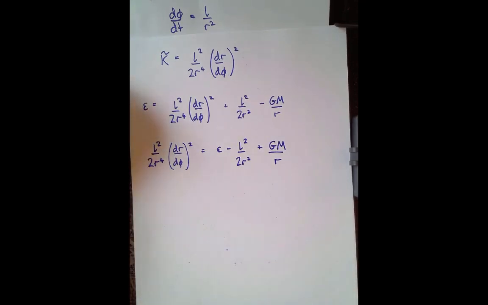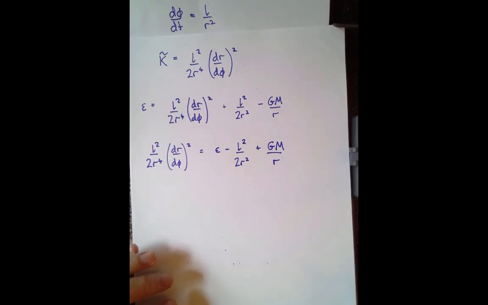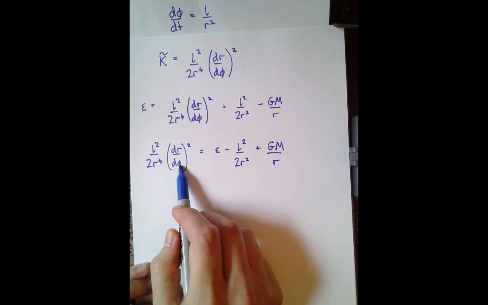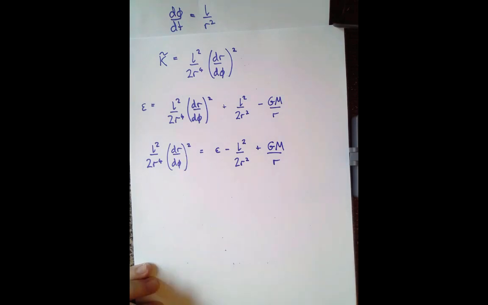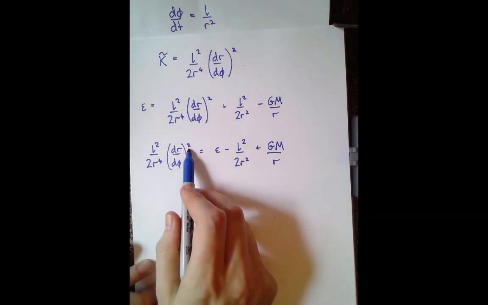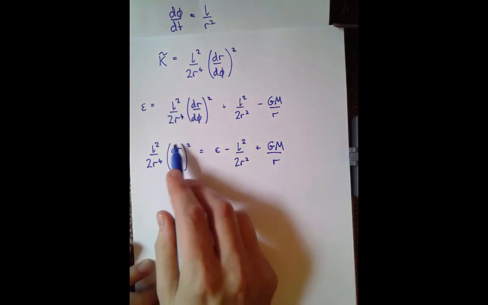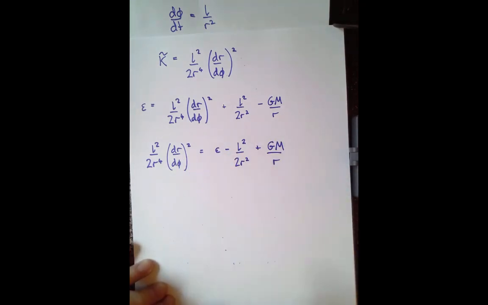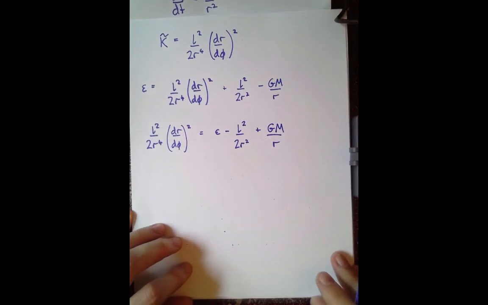Now, we can define at this point a variable that's going to make our lives a little easier. This is a differential equation for r as a function of phi. It is difficult to solve because it is a non-linear differential equation, since the derivative is squared. To solve this, we would have to take the square root of this side and integrate this function, and that is tricky.